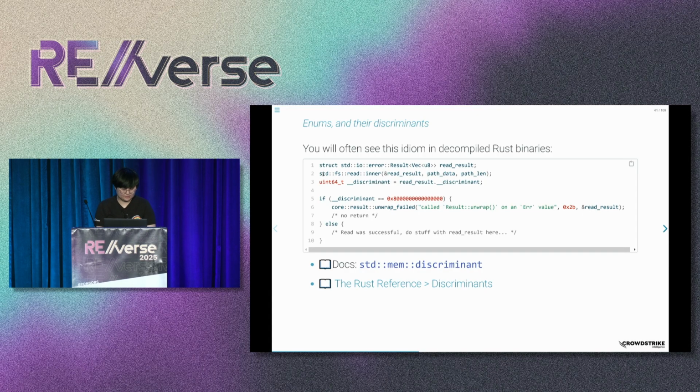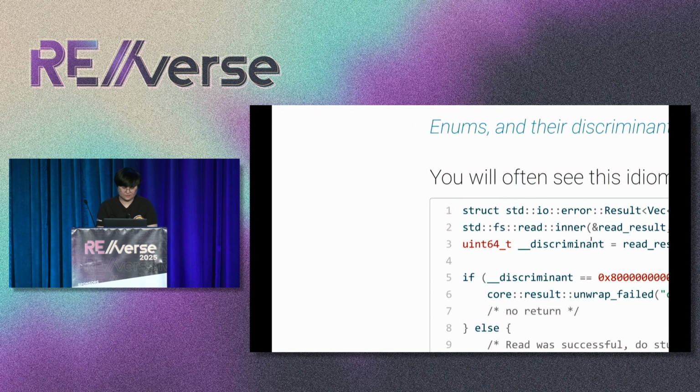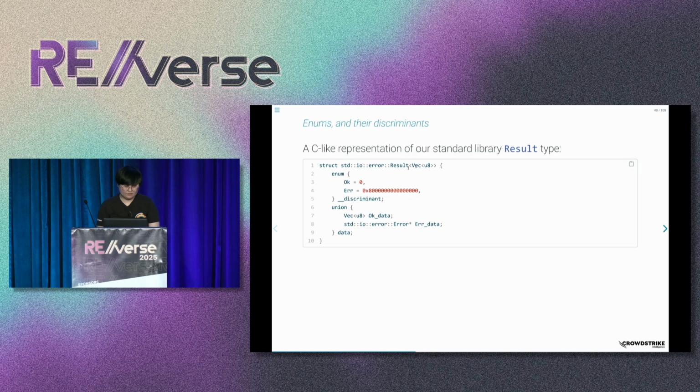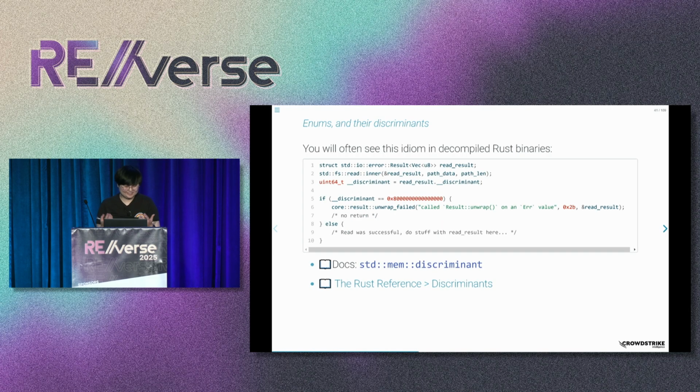In this case, std::fs::read is a standard library function that reads from the file system and can fail. What it ends up returning is a result type, which can either contain a Vec full of the nice data that we've just read from our file, or it can contain an error string that tells you, oh my god, I can't find this file, help.